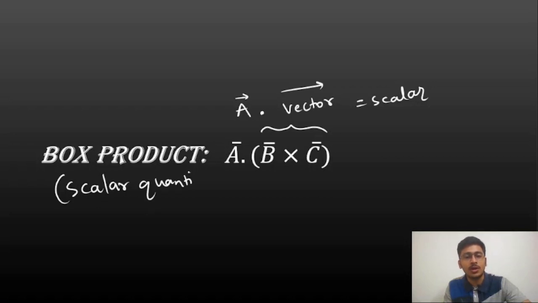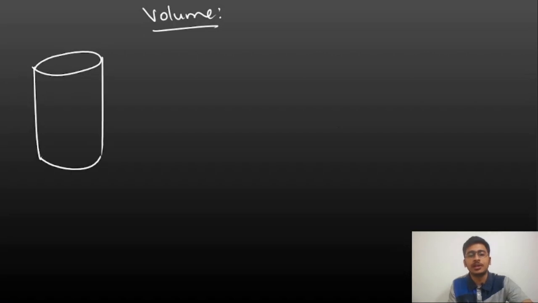So what scalar quantity is this? Let us understand. It is, by the way, volume, so let us talk more about volume. What is the volume of a cylinder? Volume of a cylinder is pi r square h, where r is the radius and h is the height.